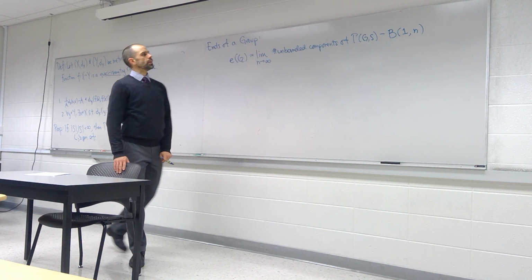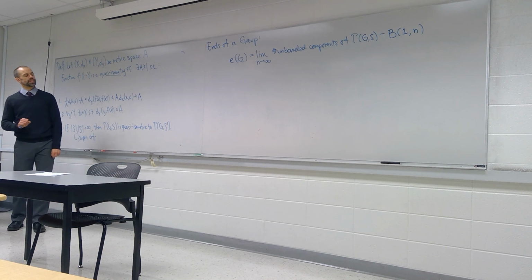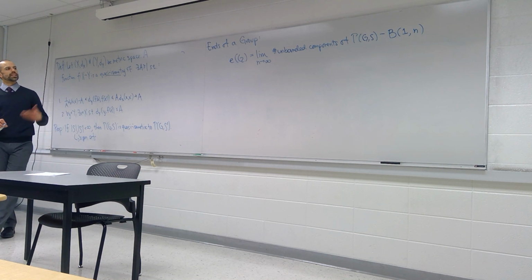So look at the Cayley graph, but then remove all of the portion of the Cayley graph that lives within distance n of the identity element. What do you have left? Count how many unbounded components. Take that limit as n goes to infinity, and this is what is known as the ends of G.